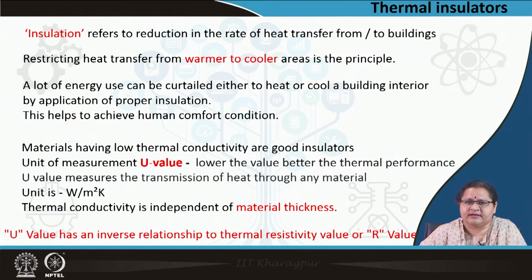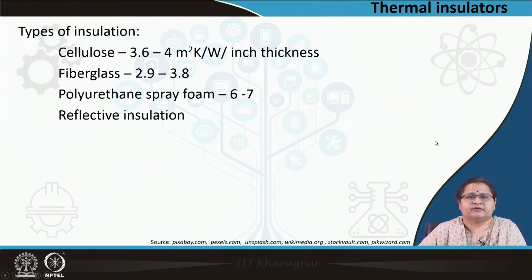In your higher courses, you will go into detailed calculations of U value of composite materials, which I am not covering here, but we will move to the different types of insulators. As I have told you, they are bad conductors, or rather have higher resistivity.